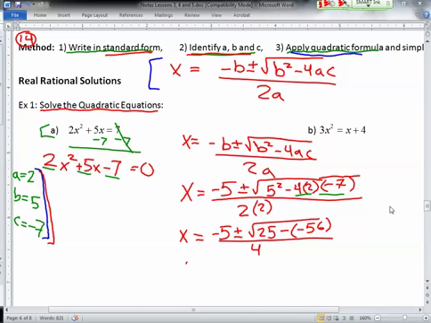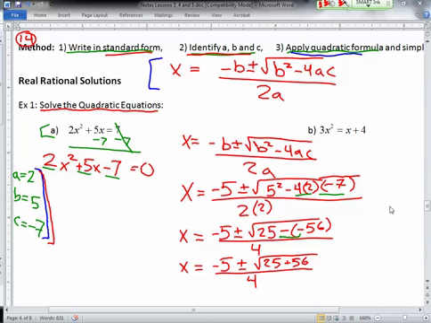So from this point, x is equal to negative 5 plus or minus the square root. I have a minus a negative becomes a positive. So I have 25 plus 56, and all of that being divided by 4.